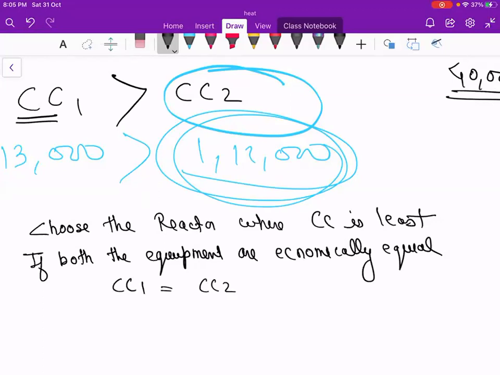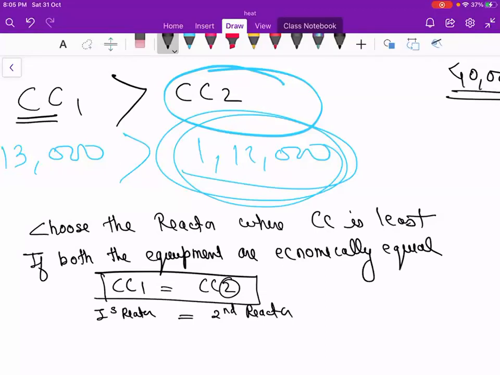Here 1 means first reactor, and 2 means second reactor, or you can say equipment. If both are same, then first reactor equals to second reactor. If both the equipment are economically same, then CC1 equals to CC2, equal or same.